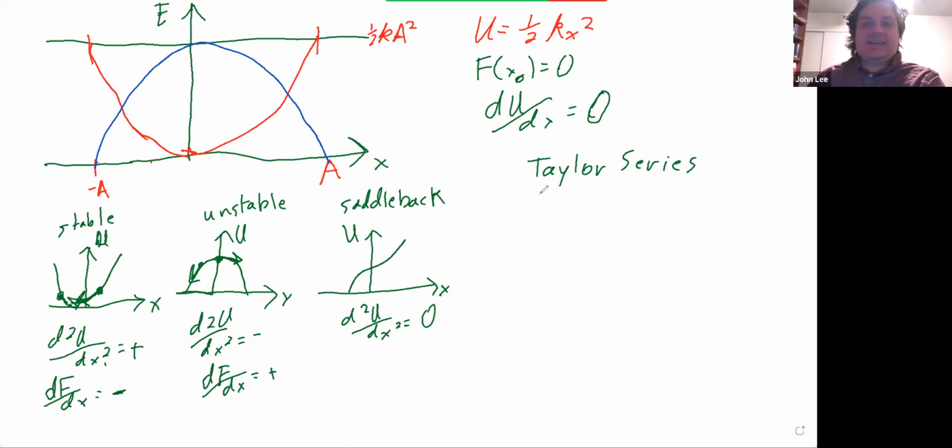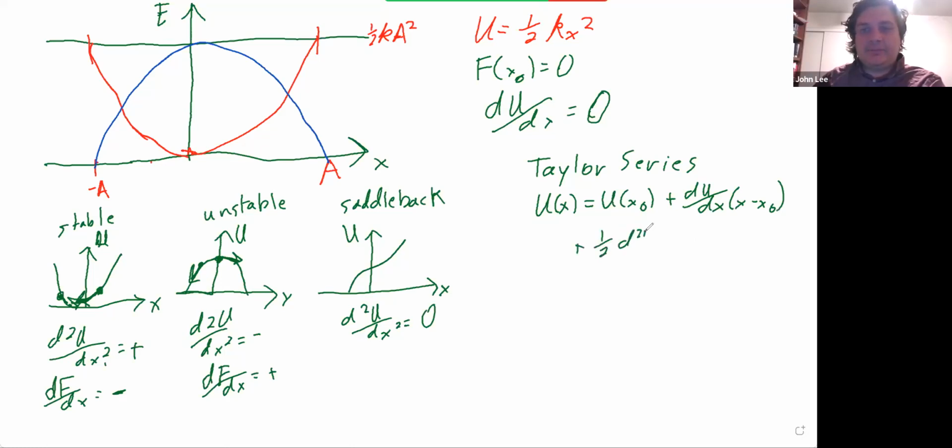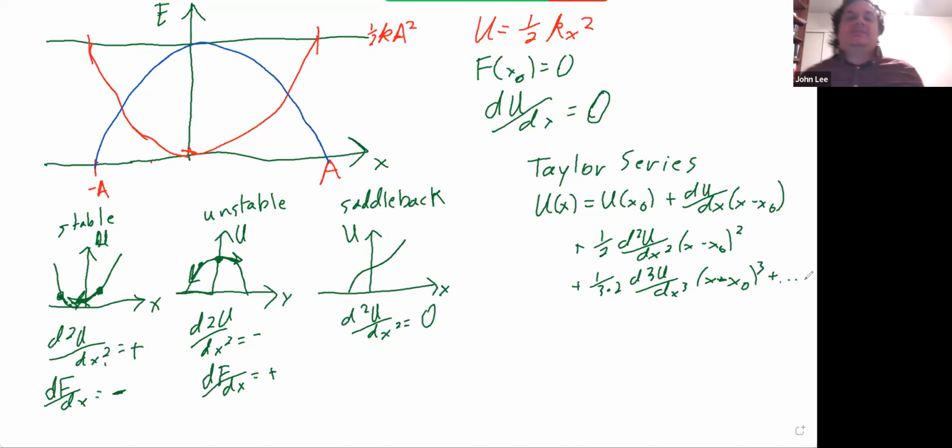But Taylor series states that u of x is equal to u of x naught plus du dx times x minus x naught plus 1/2 d squared u dx squared times x minus x naught squared plus 1/3 times 2 d cubed u dx cubed times x minus x naught cubed plus dot dot dot.